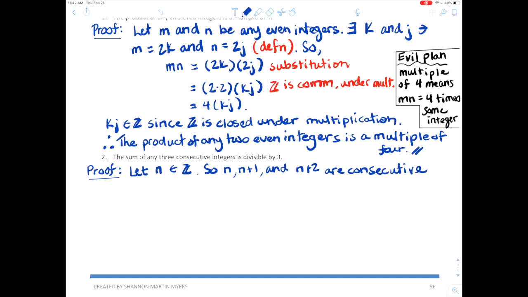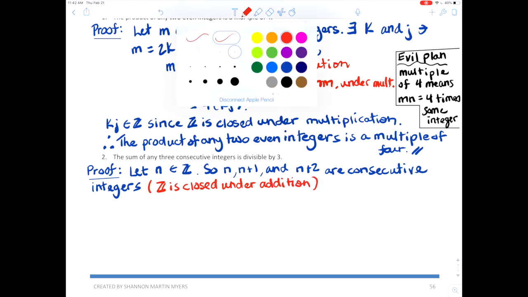Good. The integers are closed under addition. Alrighty.